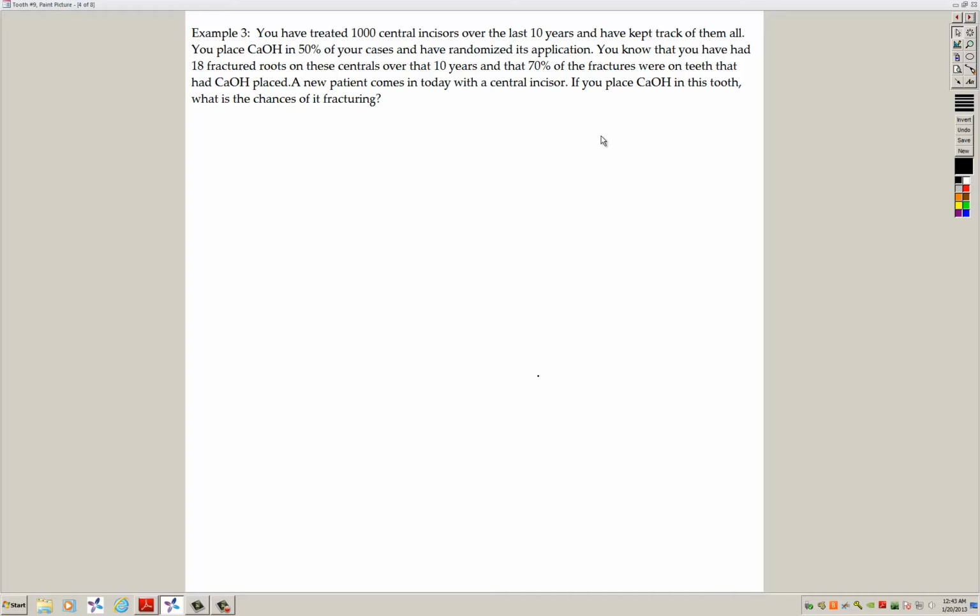Now a new patient comes in today with a central incisor, and they want to know if by placing calcium hydroxide, does that increase their chance of the tooth fracturing? So I hope you can see how we're going to be able to answer this patient's question relatively quantitatively. So what do we have? We have 1,000 teeth that we have observed over 10 years.